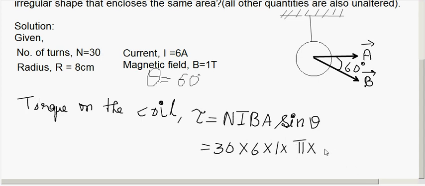R is 8 centimeter, you convert it into meter. Pi r square is pi into 8 multiplied by 10 to the power minus 2 and its square, multiplied by sin 60. Now calculate this.